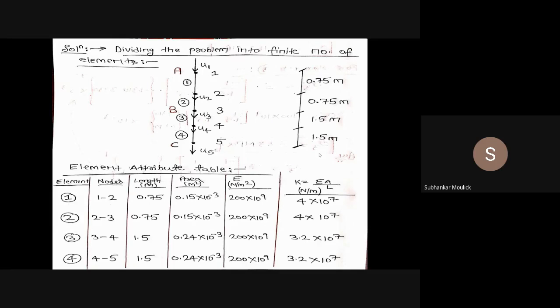That means what is the length of every individual element, what is the area of every individual element, what is the value of stiffness for each element, what is the value of modulus of elasticity for each element. So we have a total of 4 elements: element 1, 2, 3, 4.